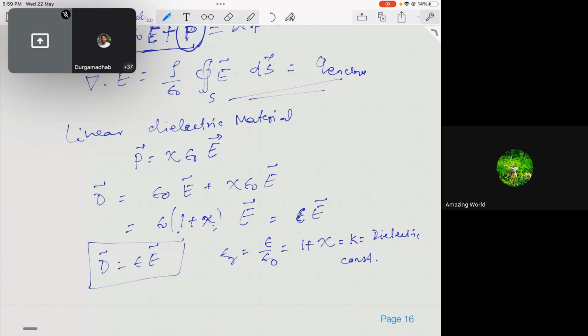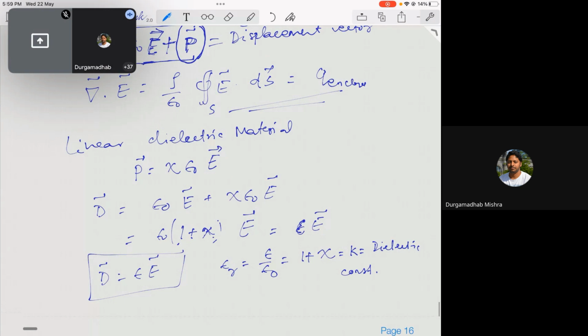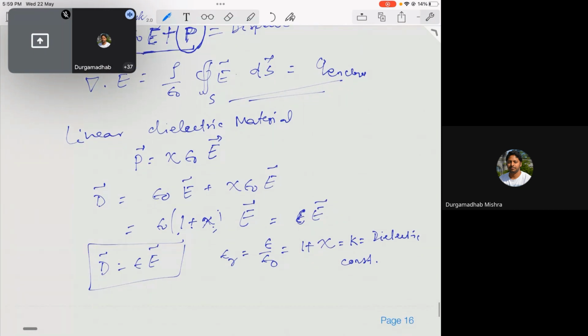Sir, can you define electric susceptibility once again, sir? Electric susceptibility is defined only in the case of linear dielectric materials. What I mean by a linear dielectric material is that the polarization is proportional to E. This is always linear. Why are we saying linear? Because the proportionality is E to the power 1.